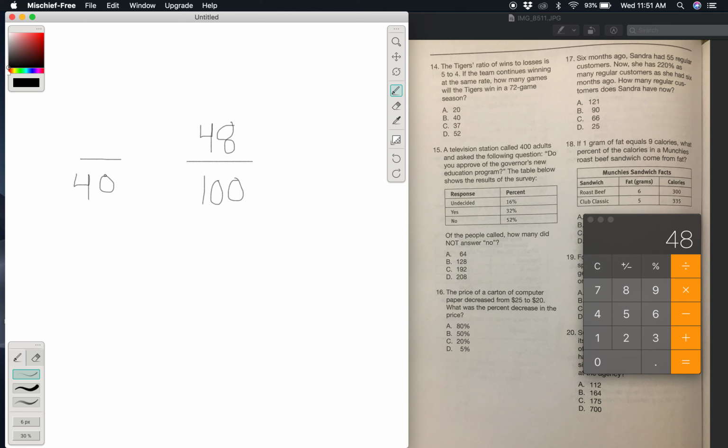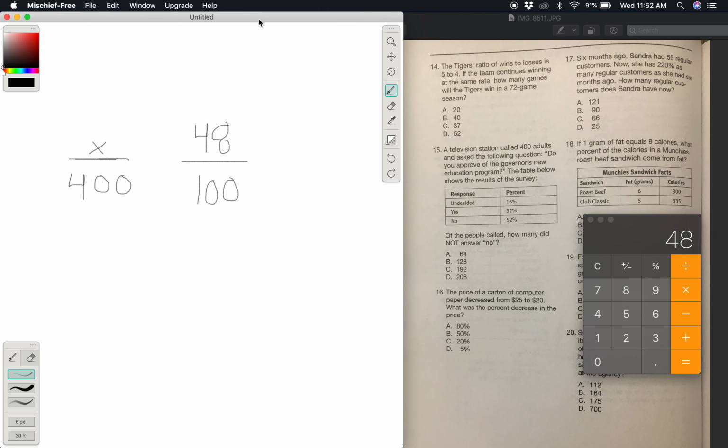So I've said this on all my other videos that I use this formula. Basically, this is the base. This is the rate, and this up here, which is the missing variable, is the part. So part of learning how to set these problems up this way is knowing those elements. The base will always be here.